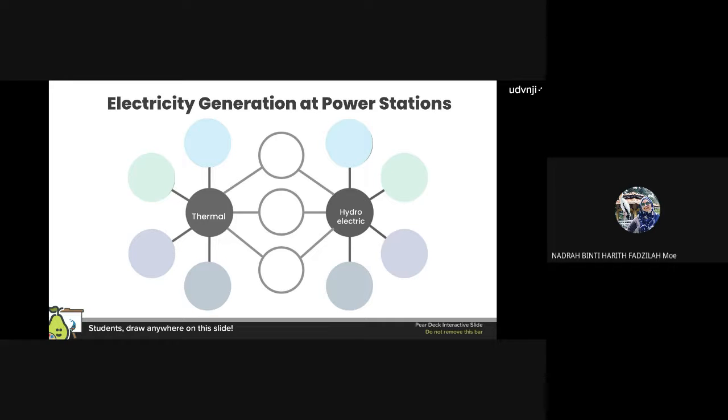So, based on what you understand about thermal power station and hydroelectric power station, can you complete this double bubble map as much as you can?